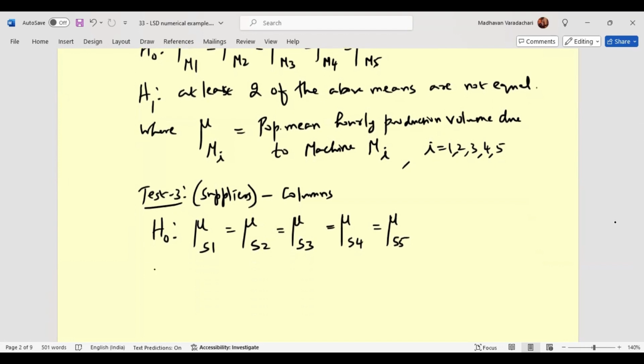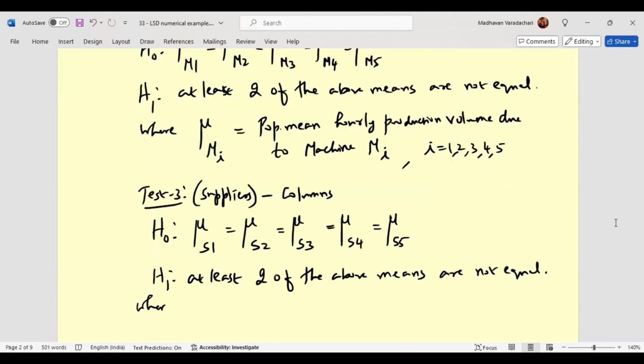H1 again will be similar to what we wrote earlier. At least two of the above means are not equal.